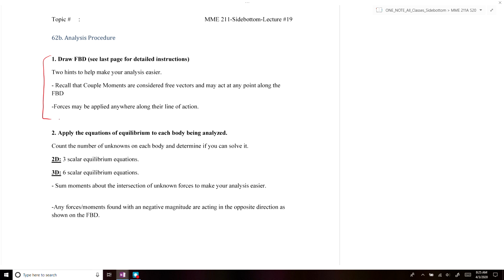Make sure that you count the number of unknowns on each body and determine whether or not you can solve it. In 2D, the most unknowns you could solve for would be 3, and you could apply these equations: the sum of the forces in the x direction is equal to 0, the sum of the forces in the y direction is equal to 0, and the sum of the moments about the z-axis has to be equal to 0 for 2D.